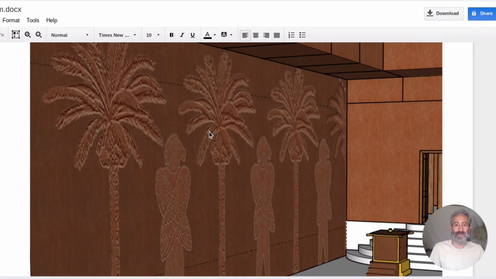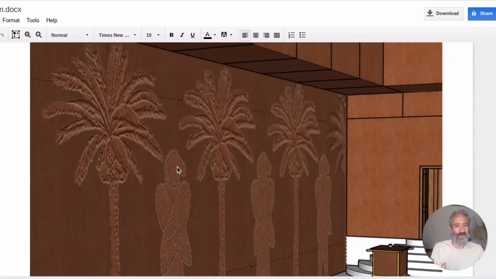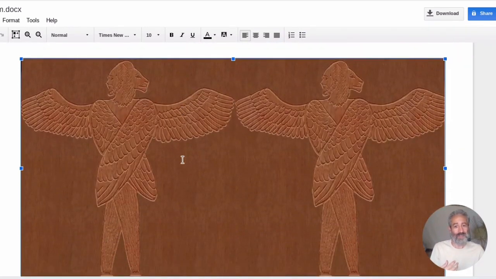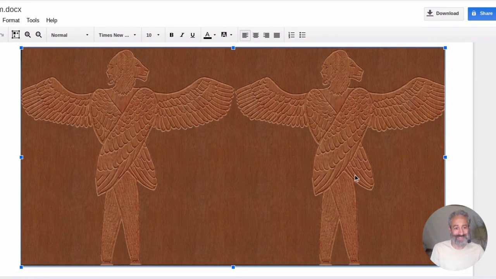So this is what our arrangement is of the cherubim, and you see their wings are not extended. Well, the reason for that is we have palm trees here. And then we have another example of the cherubim in the holy place, and that looks like this. Okay, so now in the Holy of Holies, if I said holy place, excuse me.